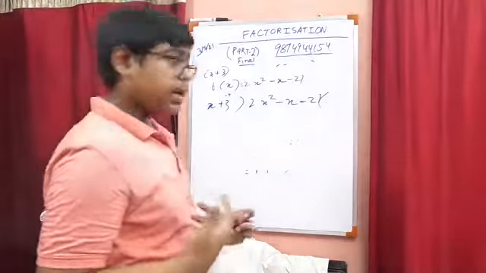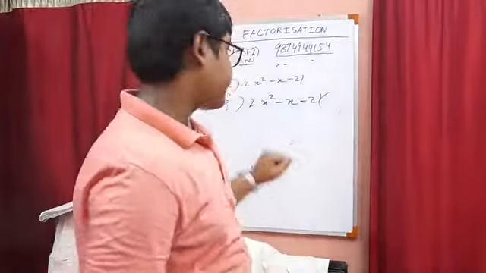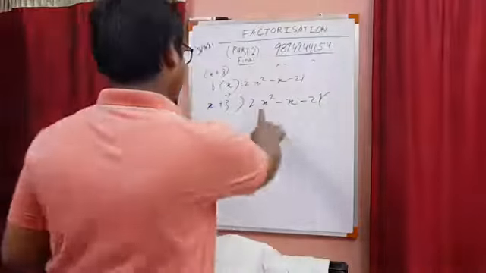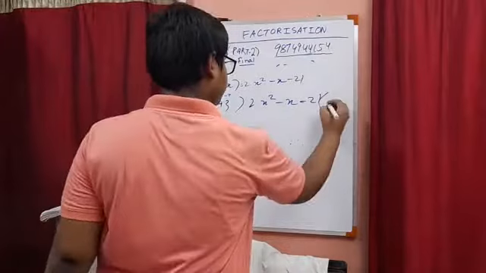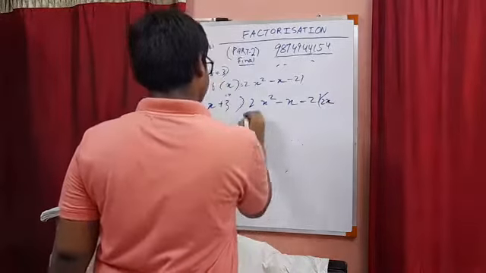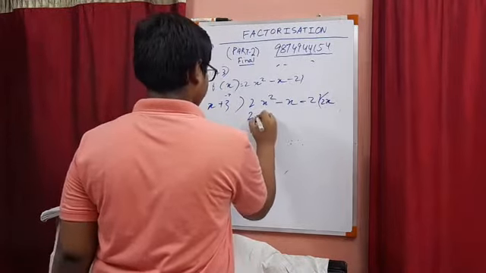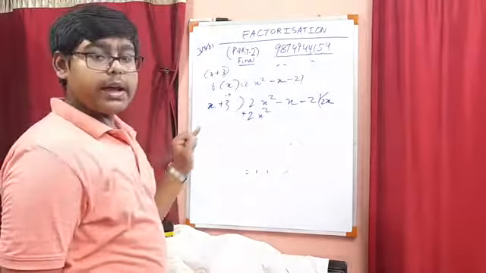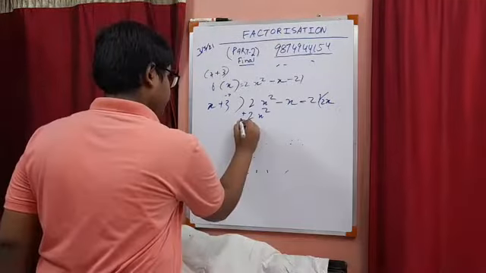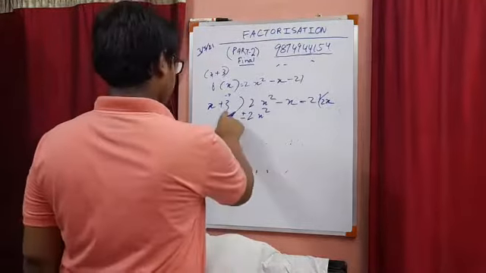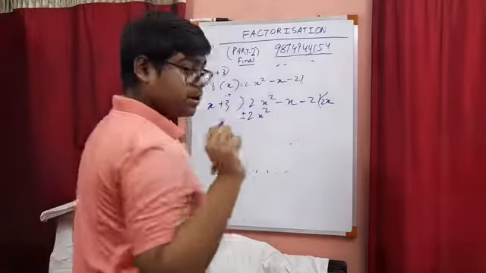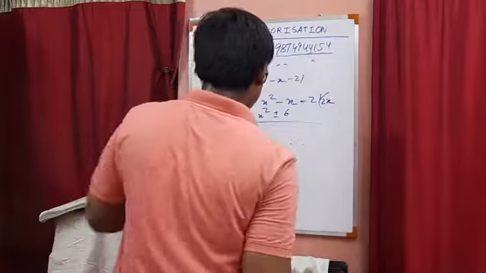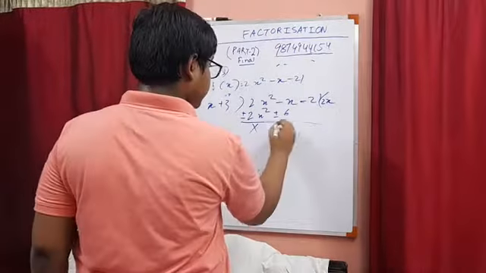For that we need to multiply it by 2x. Therefore x into 2x is equal to 2x square. We need not look at 3 and x right now. Only one by one we need to go. Therefore 2x square plus 6x, and as a rule of division we put the opposite sign, and 3 into 2x will be plus 6x, which will become minus. Now it will become cancelled.